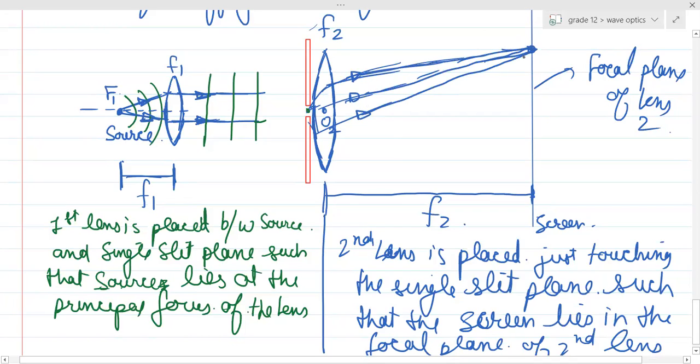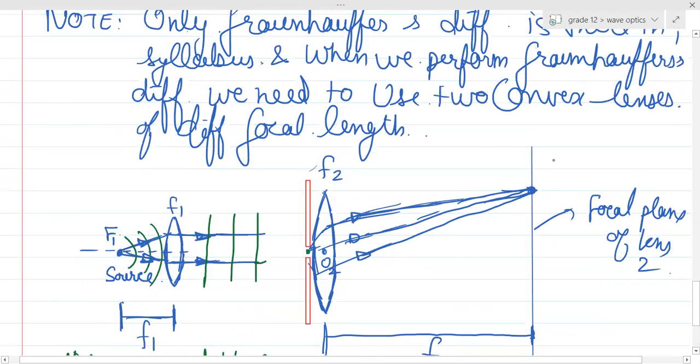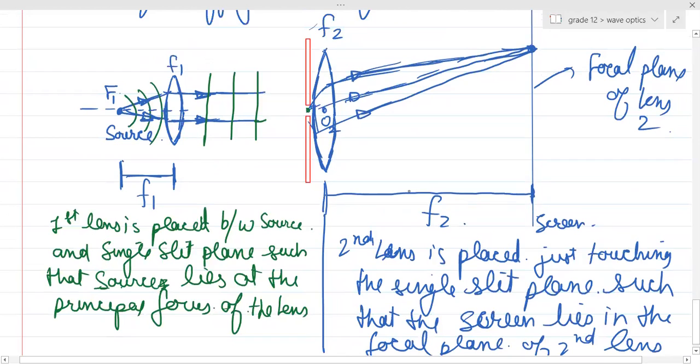You understood, guys? So by just placing these lenses, f1 and f2, you achieved Fraunhofer's diffraction in the lab. Is it clear? So this is how it is actually conducted. Okay. अब now for simplicity, whenever I'll analyze it, I won't draw these two lenses, but they are always present over there, है ना? ध्यान रखना. चलो.